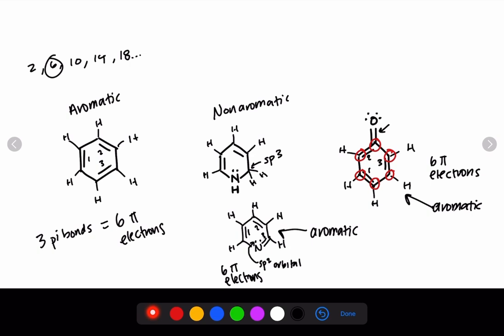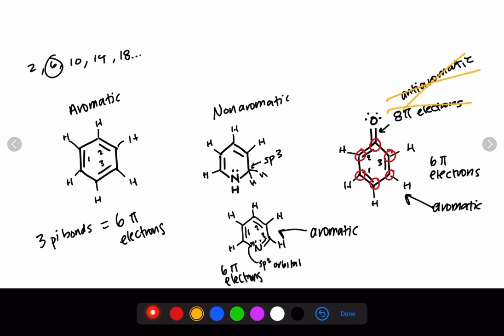That would put us at 8 pi electrons. And 8 pi electrons doesn't satisfy Huckel's rule. But the first 2 conditions are still satisfied, so if we were to consider the oxygen, we would say that this molecule is anti-aromatic.